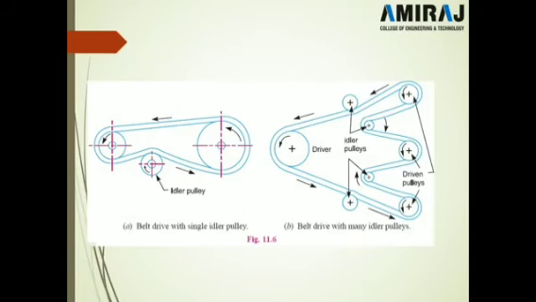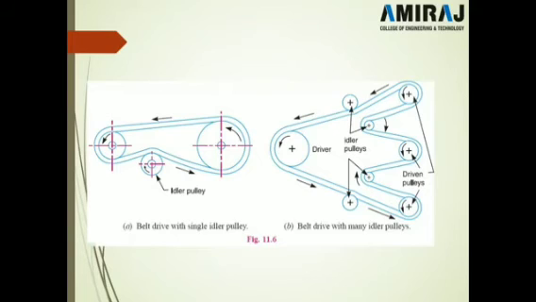Now on the slack side, when more sag occurs on the belt, the belt is going to loosen more, and due to this, the load or the power which has to be transmitted from driver to driven is not going to be transmitted because of the more loosening of the belt.